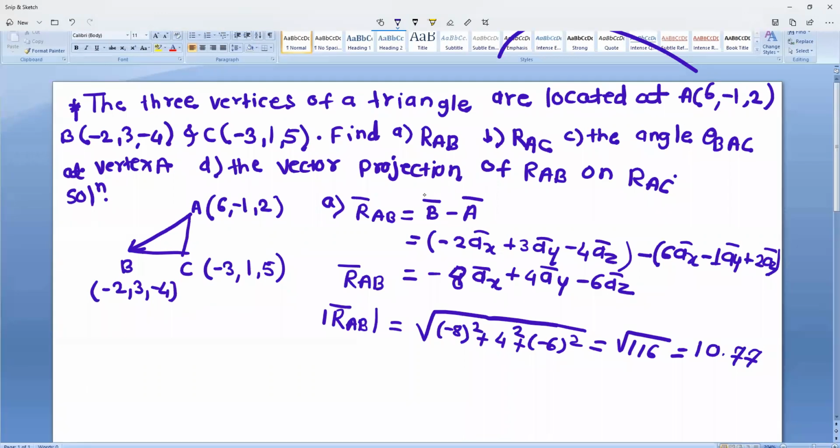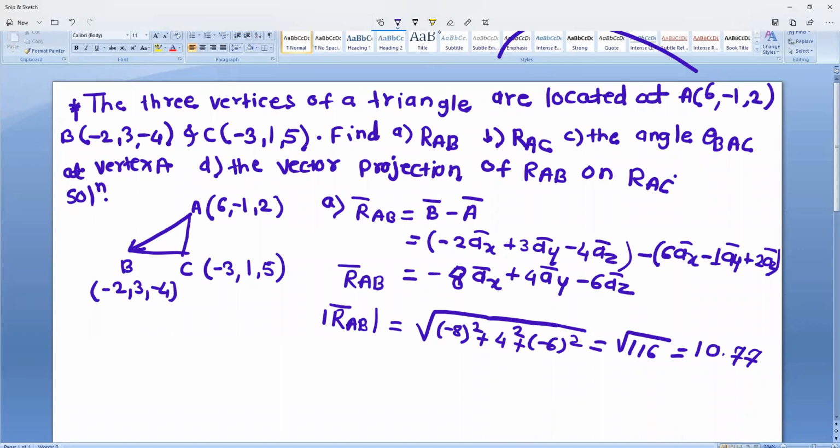So here we are finding first vector AB, by taking end point minus start point. These points are converted into Cartesian coordinate system first, and then we subtracted, so that we will get vector r bar AB, and then find the magnitude of vector r bar AB. Okay.